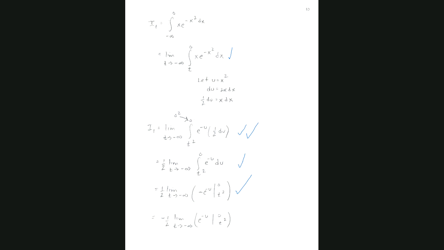So this is really just computing the limit. I have to write out my antiderivative first. I'm not saying a whole lot about these steps because I think they're pretty straightforward, but please ask questions if you have any.